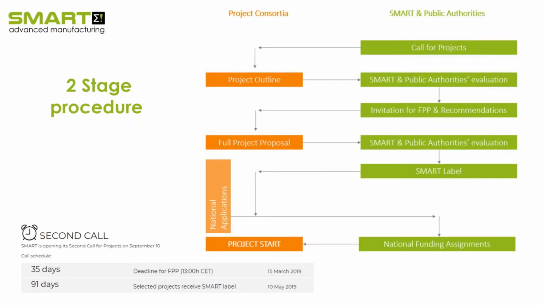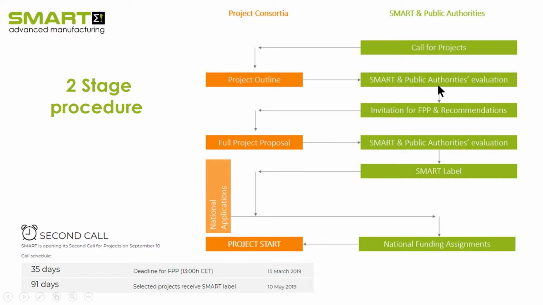So we launched this second call on the 20th of September in 2018. The first call, the PO phase, closed on the 19th of November. These project outlines were evaluated by the public authorities and also by SMART with the help of external evaluators.